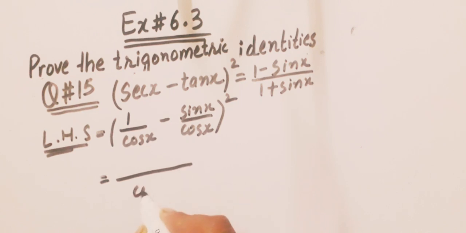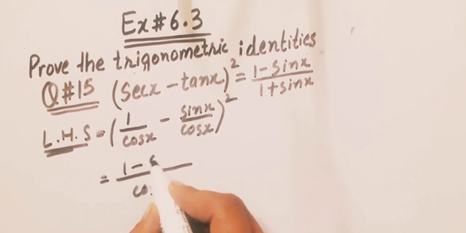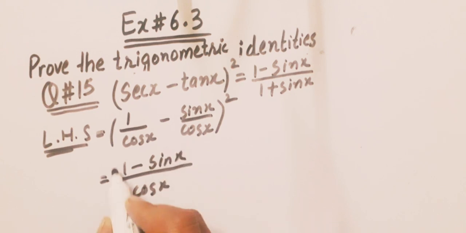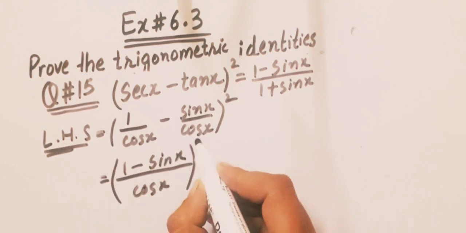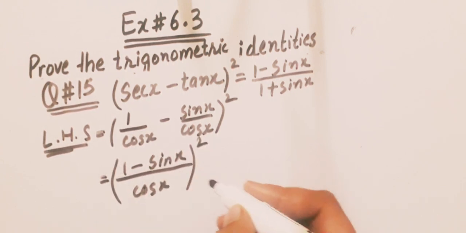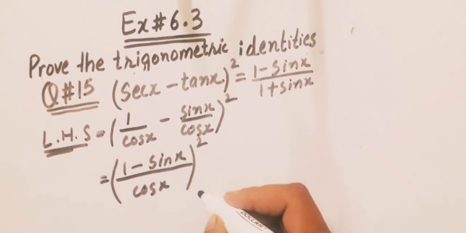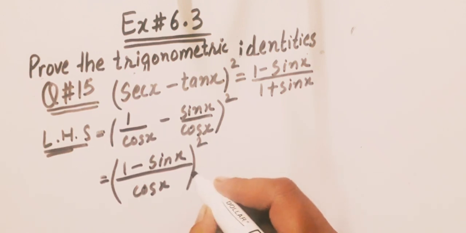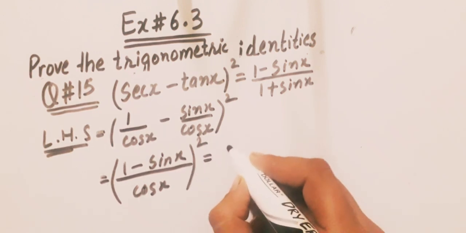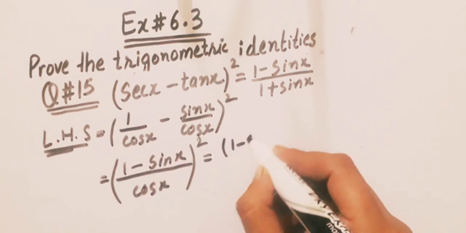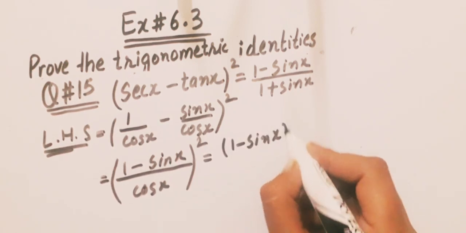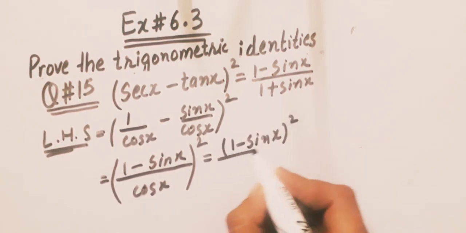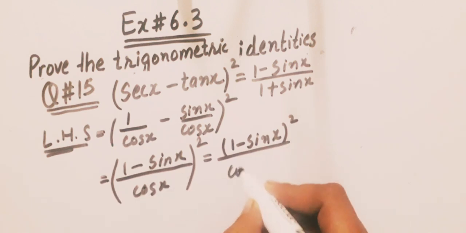We have cos x and 1 minus sin x whole square, so we will get 1 minus sin x whole square by cos square x.